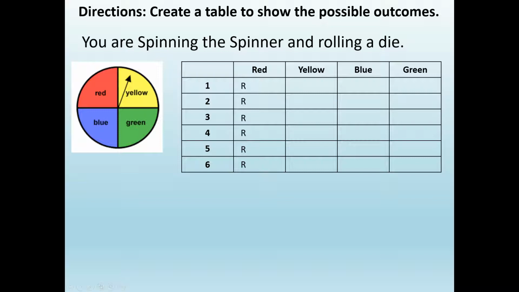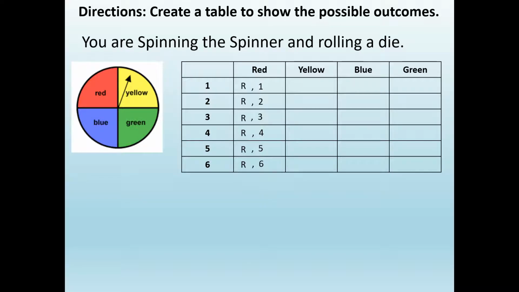My first outcome up here is going to be red, but it's also going to be 1. So we end up with a red 1. My second outcome, a red 2. My third outcome, a red 3. My fourth outcome, a red 4. My fifth outcome, a red 5. Number 6, a red 6.